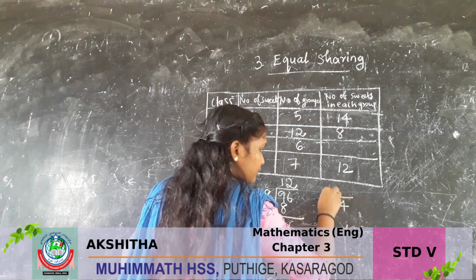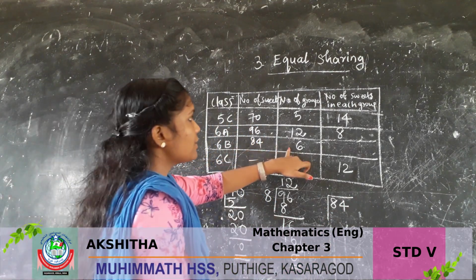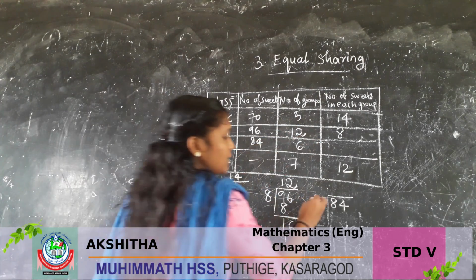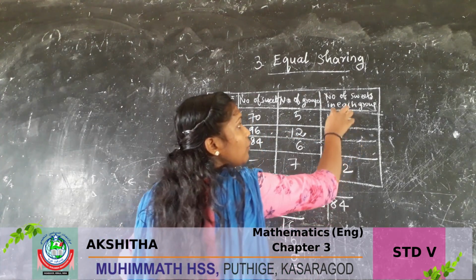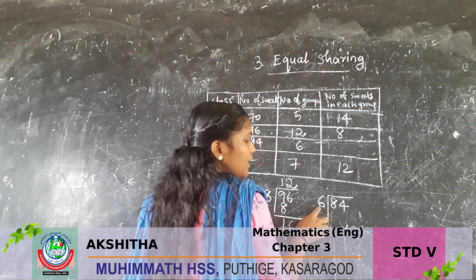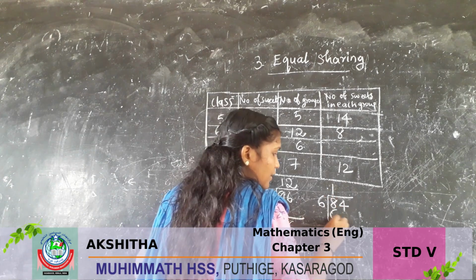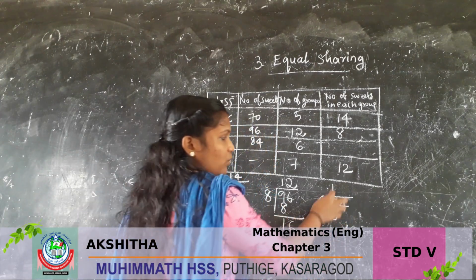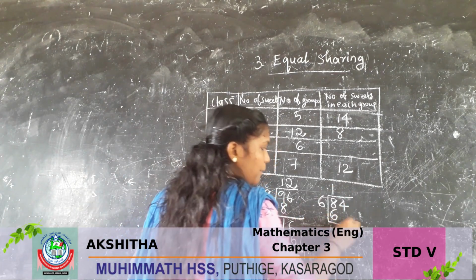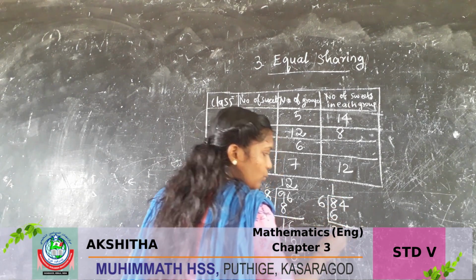Look at the next one. Dividend 84. Number of groups is 6, right? We have to find the number of sweets in each group. 84 divided by 6. 6 ones are 6. Next step, 8 minus 6 is 2.